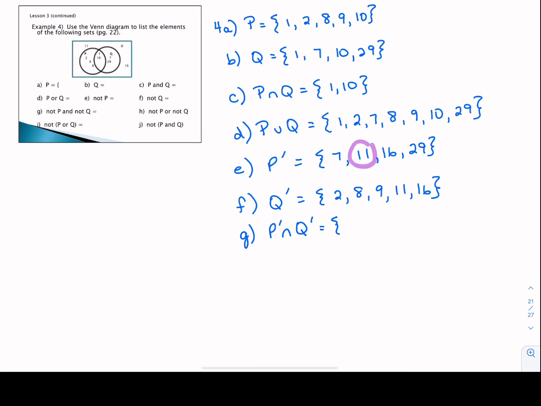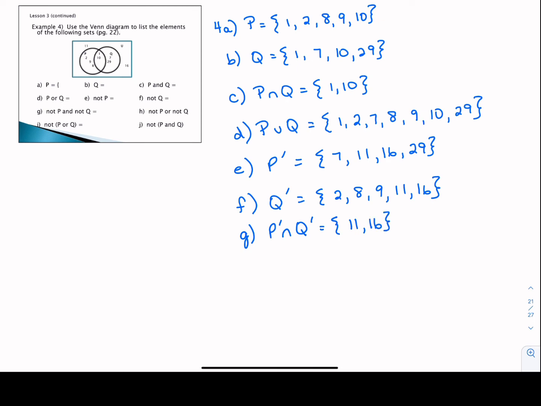So we can circle that or highlight that for now. 16 is also common to both of those. So not P and not Q would be both 11 and 16. So let's finish writing that properly and list those elements the way we should.